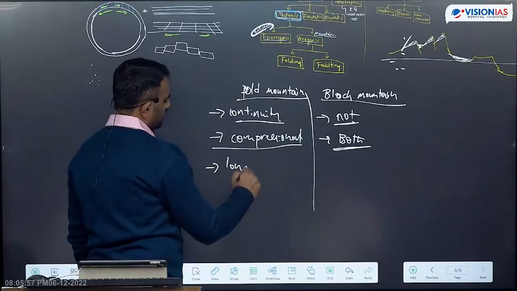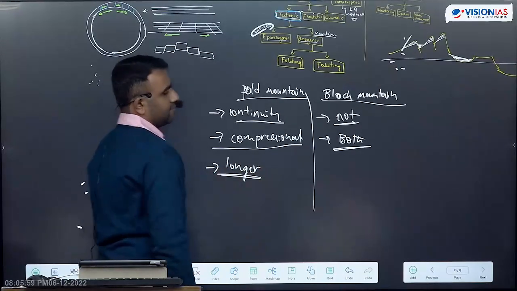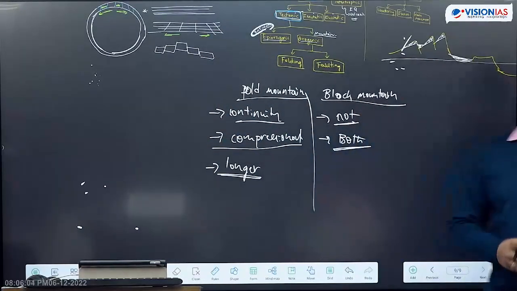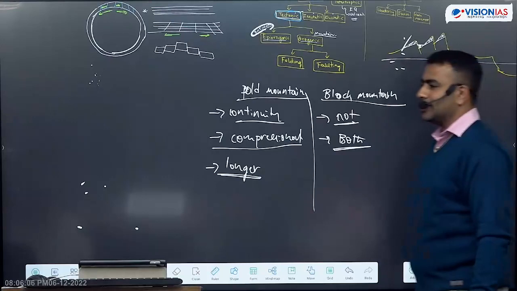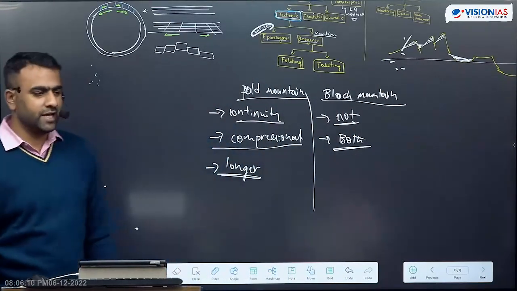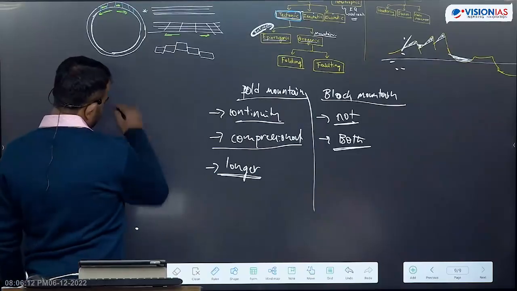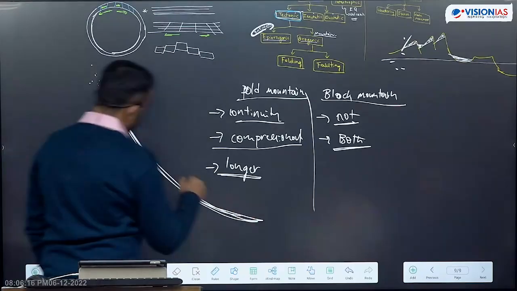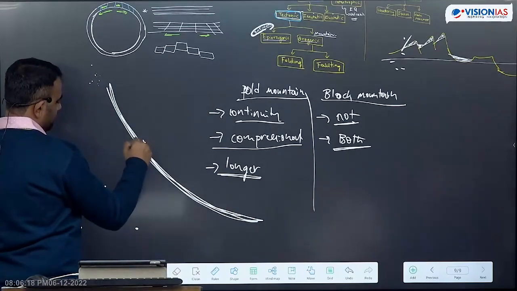Fold mountains are longer in length, and they are shorter in width. Take any fold mountains, they are elongated, but if you take the width, it is short.